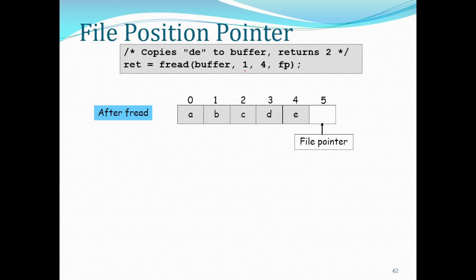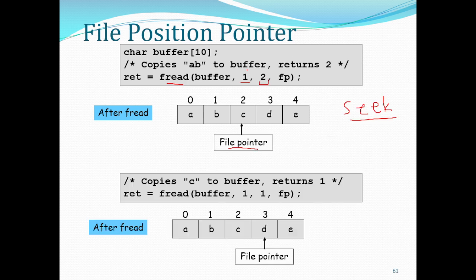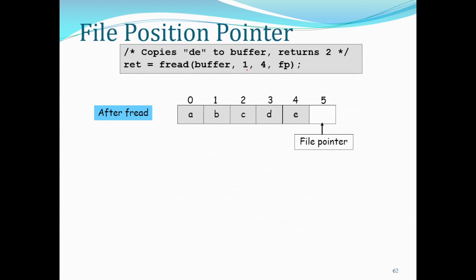So if I read 4 bytes, I was here before, remember? When I want to read 4 bytes from here, it has already read 2 bytes. That's why it's printing DE for me. And then the file pointer is pointing to the very final byte.